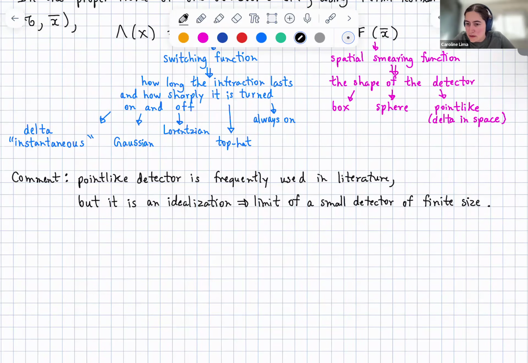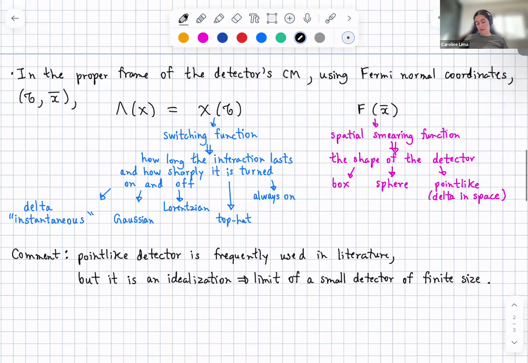There's a question, let me see. So what this lambda gives you is basically how the detector interacts, so how it is distributed in this spacetime.